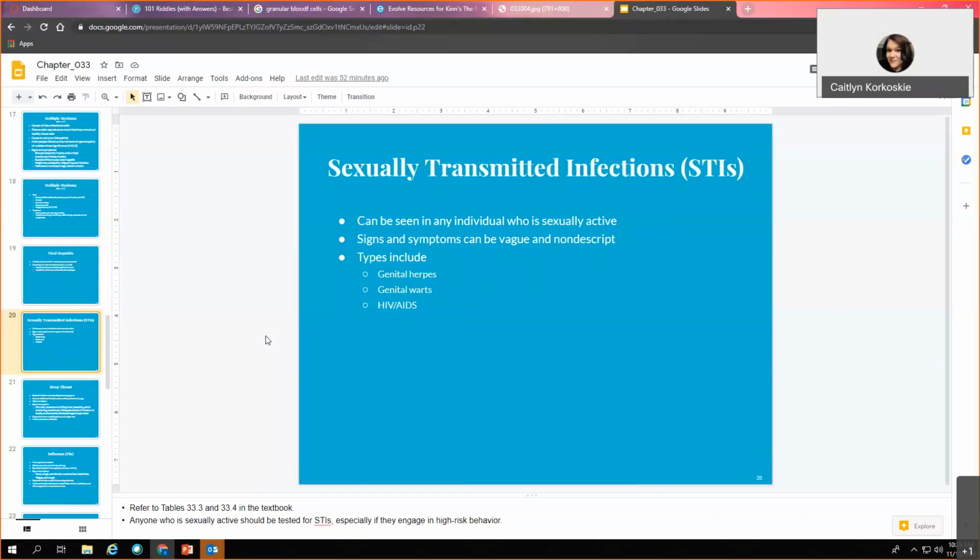They may not have any outbreaks or symptoms for a very long time, may never even know that they have it, and then all of a sudden ten years later they have an outbreak. So this is something that will settle into a nerve, and it's exactly like shingles. You had chickenpox when you were a kid, and then it just settles into a nerve somewhere, and then something triggers it.